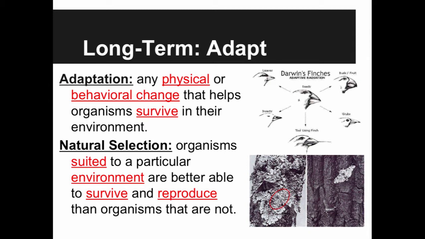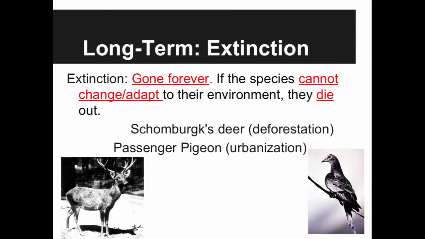And so now the white moths were beginning to be eaten away because they stuck out, so therefore they were not able to pass on their genetic material. So, in a long-term environmental change, an organism either has to adapt, okay, or go extinct. So go ahead and flip up to the extinction tab.